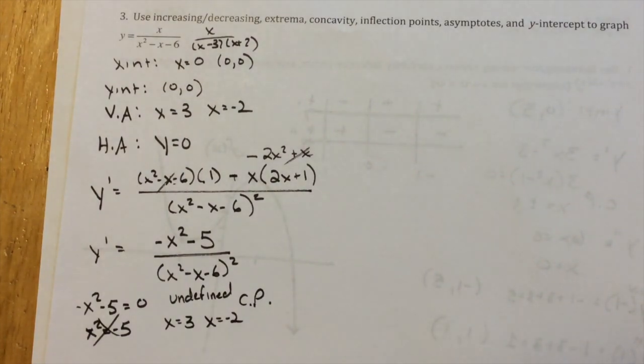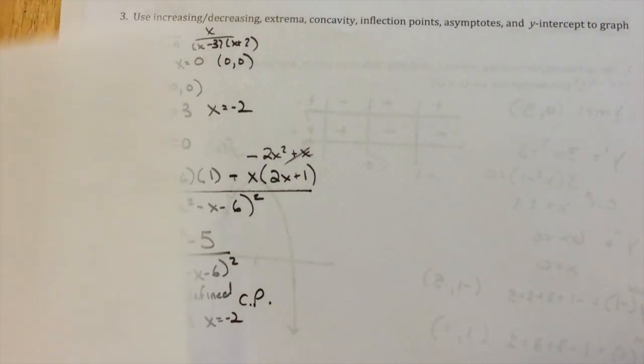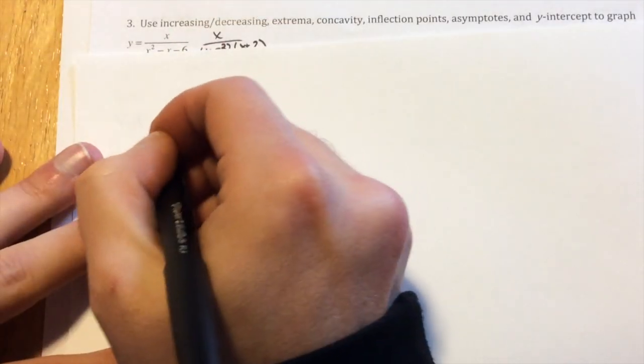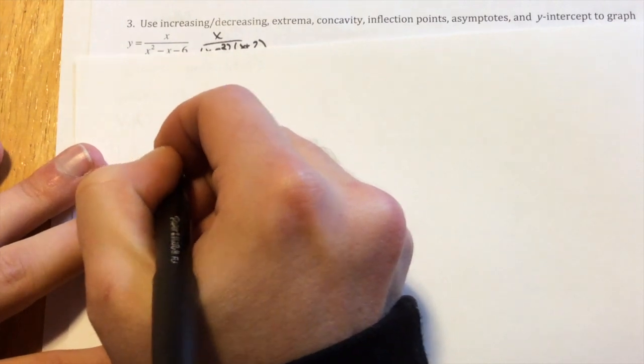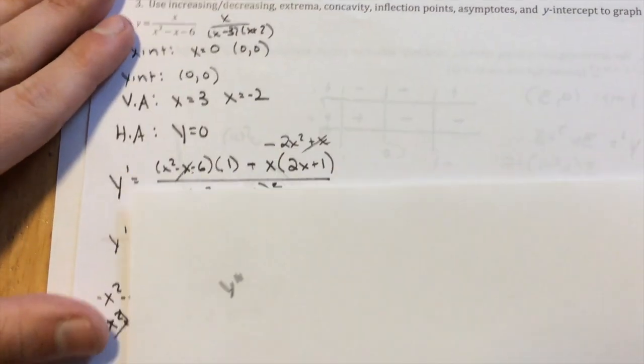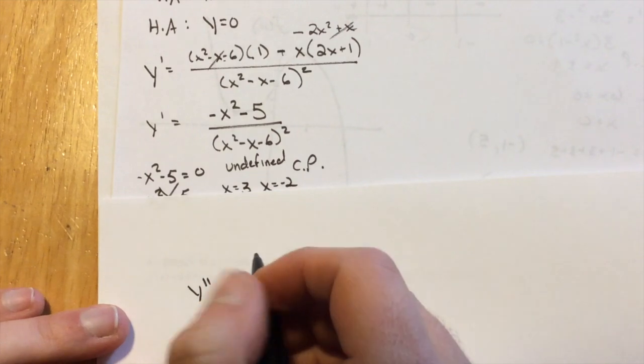Next up, and I'm going to do this on a second sheet of paper, I'm going to look at my second derivative. So what's the derivative's derivative?